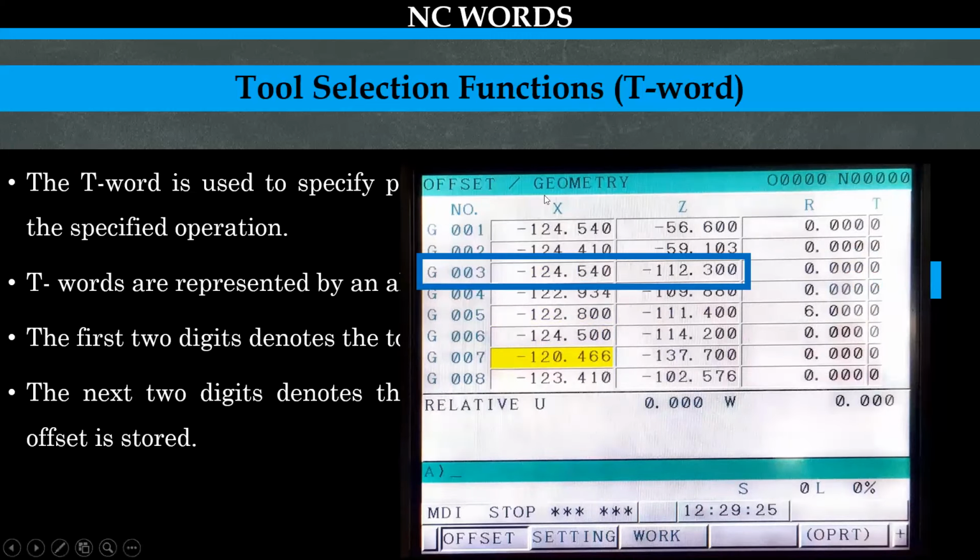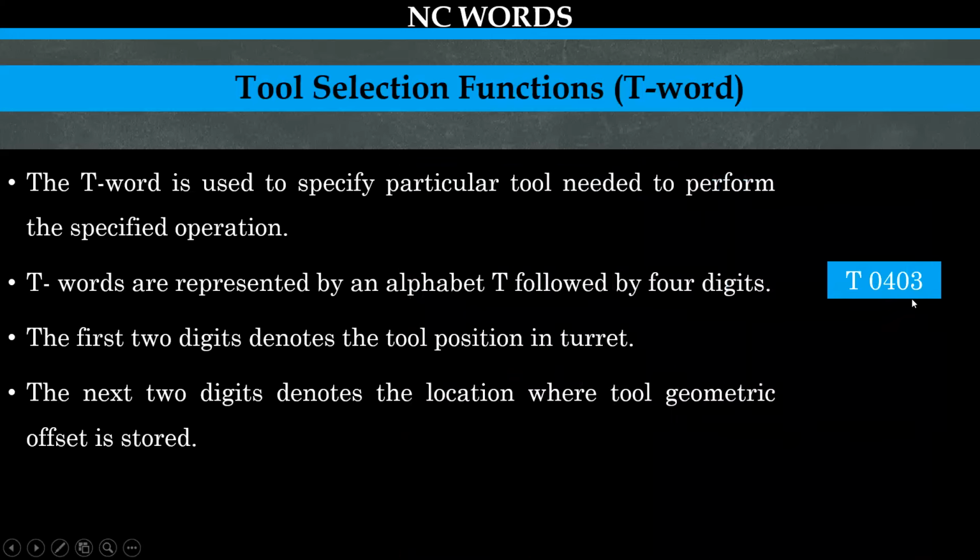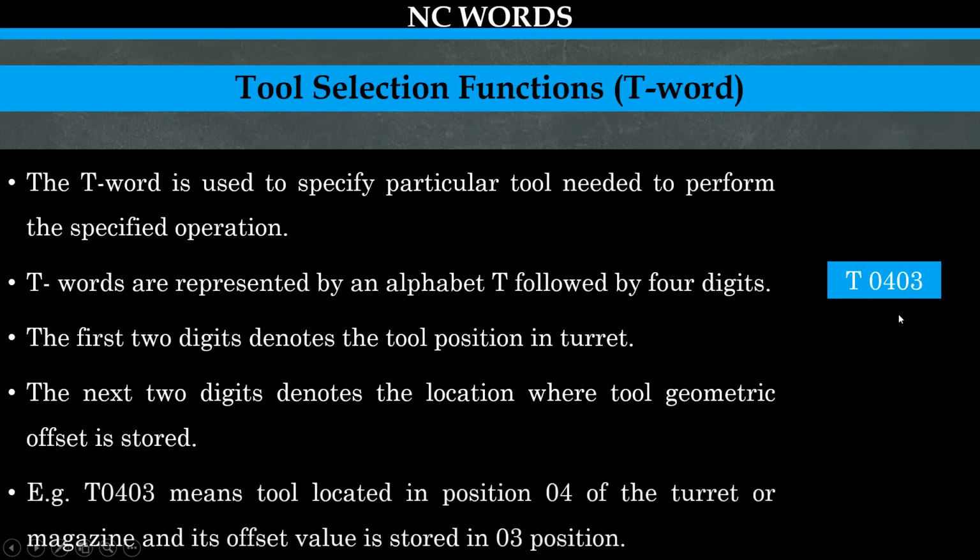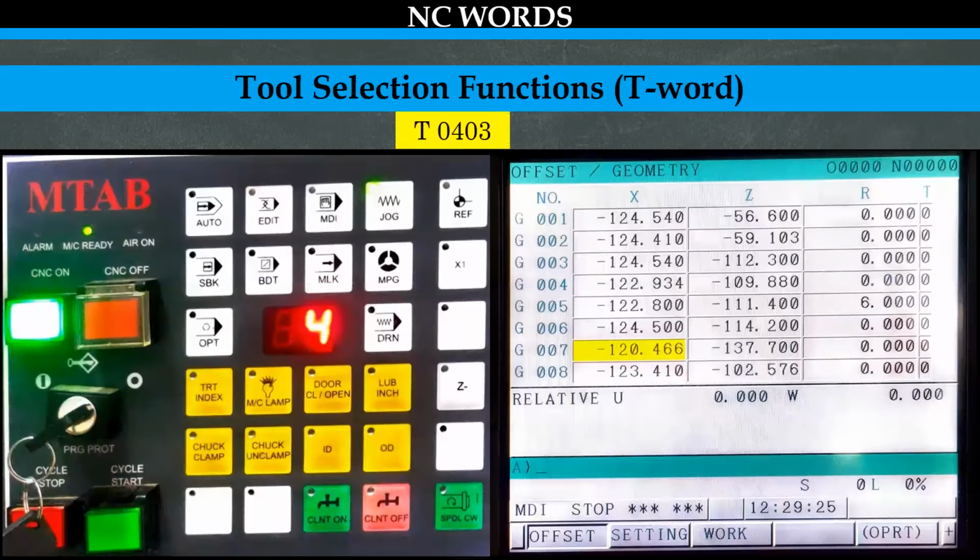Here, as it is stored in 03, this is the X offset and this value is the Z offset. There is no radius offset. That's why 03, so 0403. T0403 means the tool located in position number 4 of the turret or magazine, and its offset value is stored in position 03.